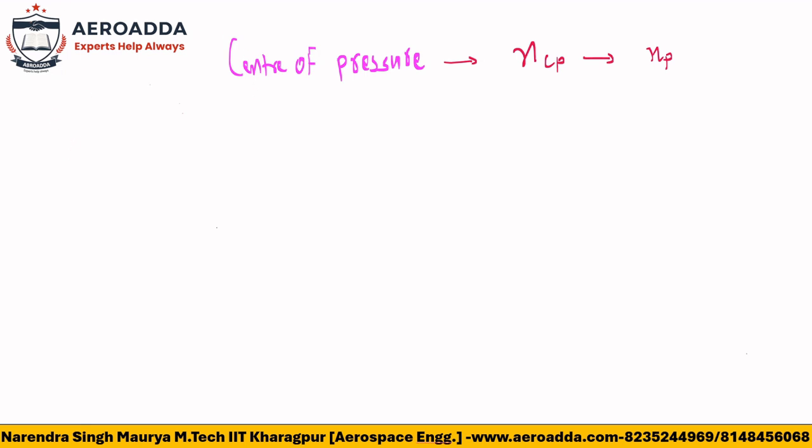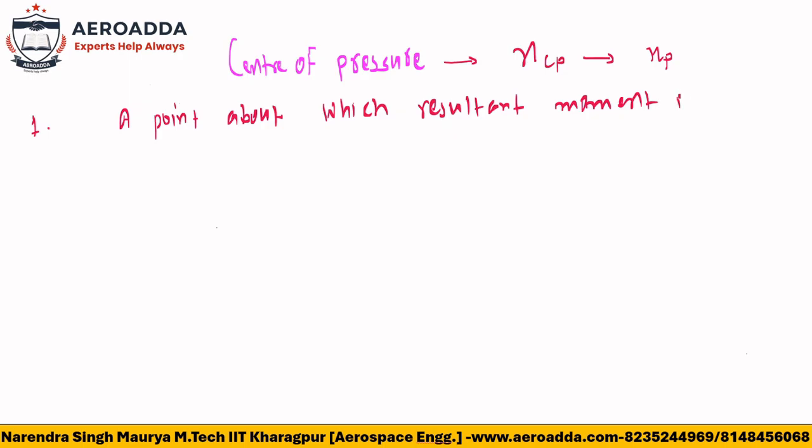The basic point you know is a point about which the resultant moment is zero. What is the second point?